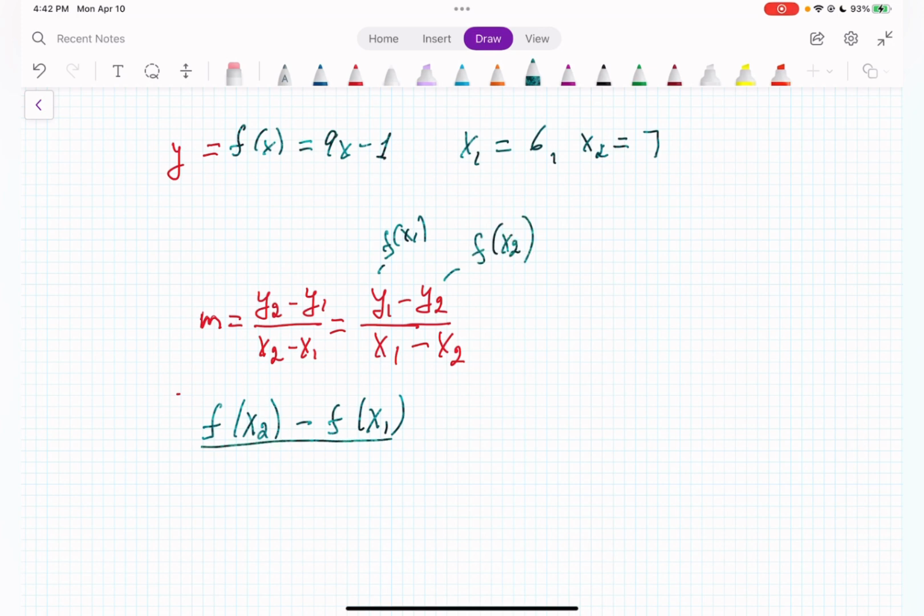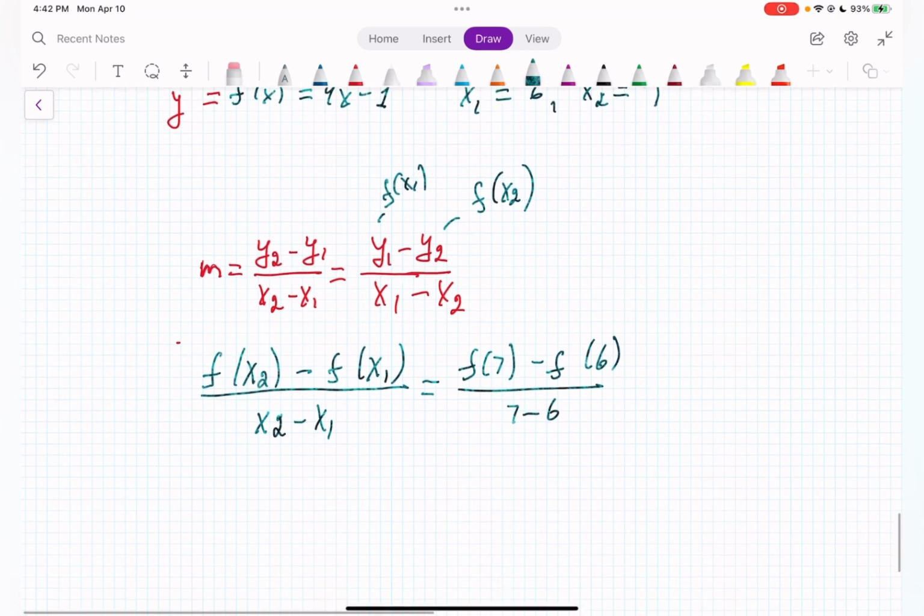Okay, and we're dividing by x2 minus x1. So my x2 is 7, f of 7 minus f of 6, and dividing by 7 minus 6.